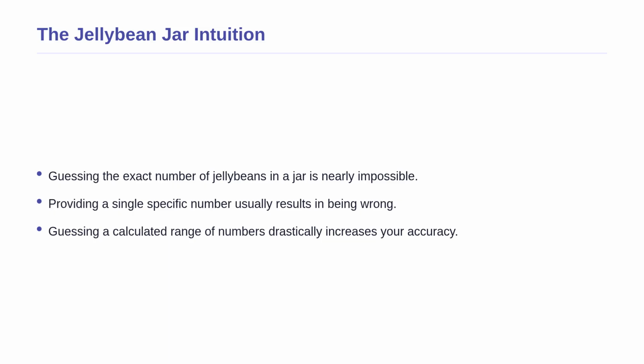However, if you change your strategy and say, I am highly confident that the number of jelly beans is somewhere between 500 and 600, you are much more likely to be correct. This is the core philosophy behind our topic today. We are moving away from risky single guesses and moving towards safe, calculated ranges.